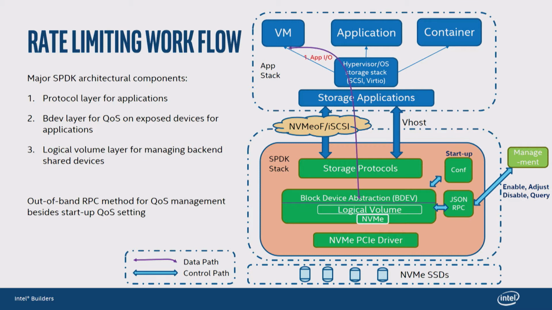And when the application IOs come through the SPDK Bdev layer, next we will do the rate limiting here, and then send the device IO to the backend devices. So this is a description of the workflow of this rate limiting.